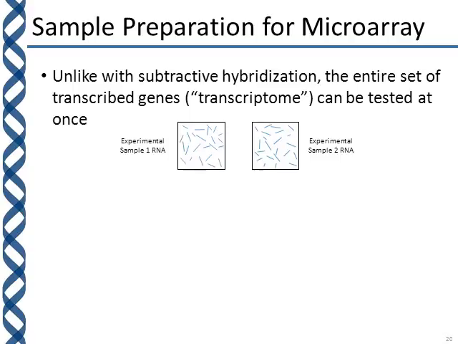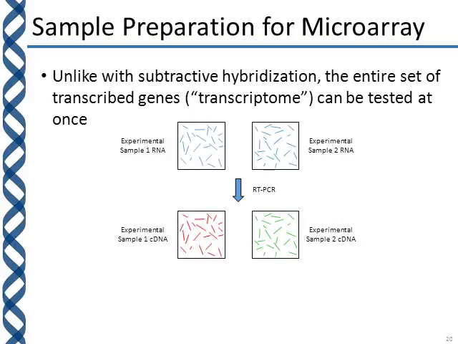So here, for example, we have experimental sample 1 and experimental sample 2 again, and the total RNA populations. And as previously, we can use RT-PCR to amplify the messenger RNA in both experimental samples. In this case, we can use fluorescent probes of different colors in each of our two samples.